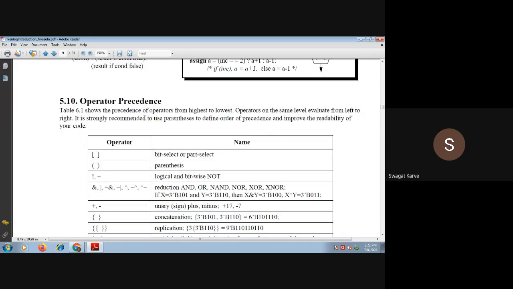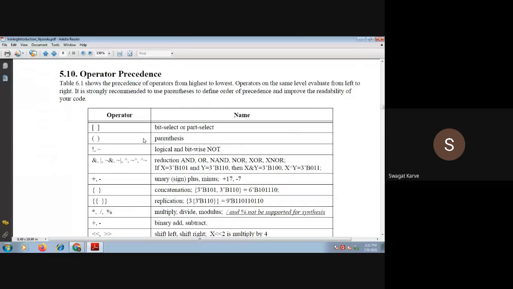Okay. Now, these are the operator precedence. The same thing we have seen with the VHDL language also, that there are 6 classes of operators, and each operator has precedence, right? And each class also has the same precedence as the entire precedence. So in case of Verilog also, these operators have some precedence.